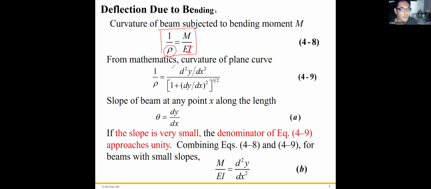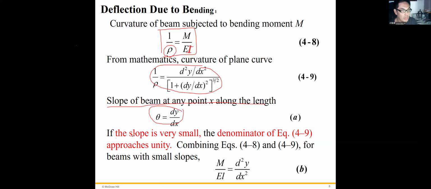Okay, so from the mathematical deformation, the curvature of the plane curve. This is the deformation. So the slope of the beam at any point x along the length, theta, equals dy/dx.